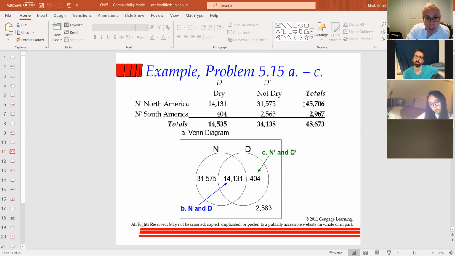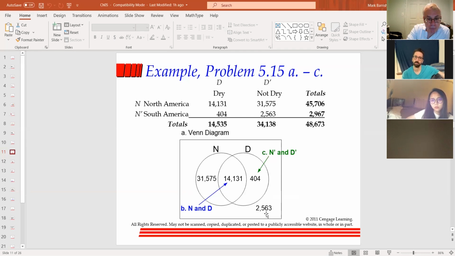The sum of N plus D minus N and D together is this one. So it's this circle plus this circle minus the middle, because this circle includes the middle, and this circle includes the middle. So you subtract one of these and you get the sum that you're seeing here.